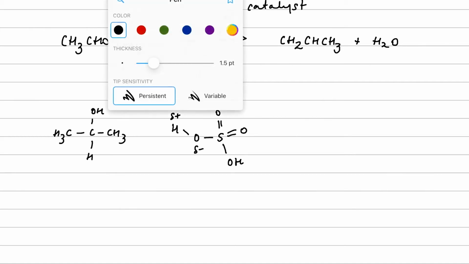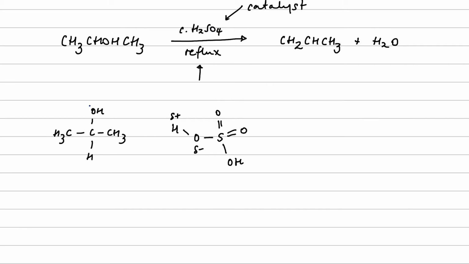So in this mechanism, one of the lone pairs on the OH group of the alcohol attacks the delta positive hydrogen in sulphuric acid, and this bond breaks heterolytically with both the electrons staying with the oxygen. We are going to have several intermediates in this particular reaction.